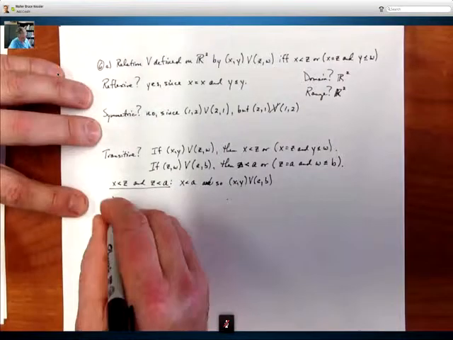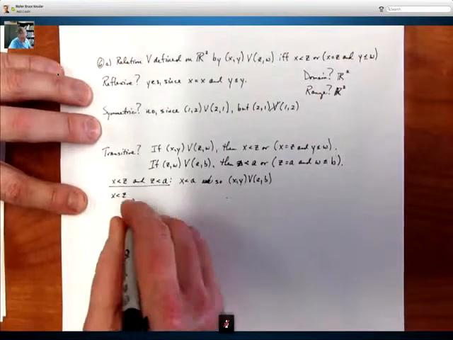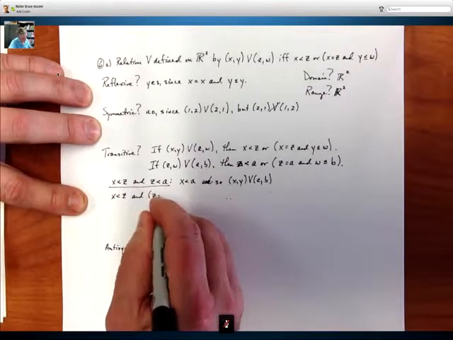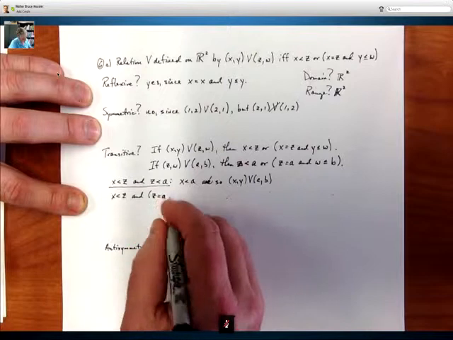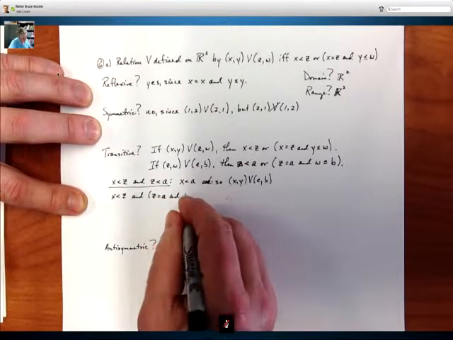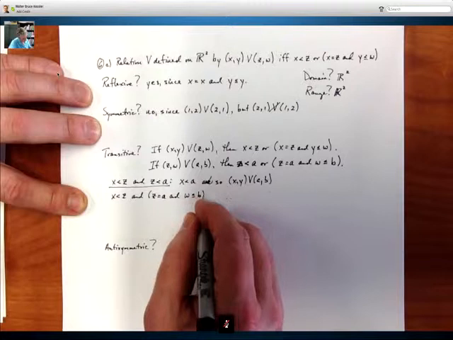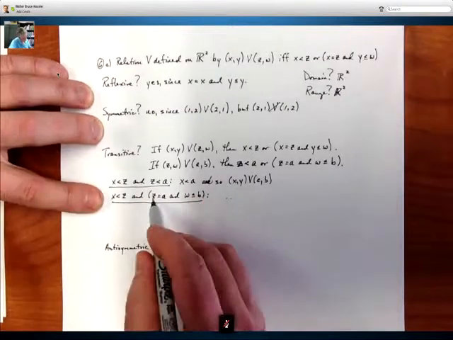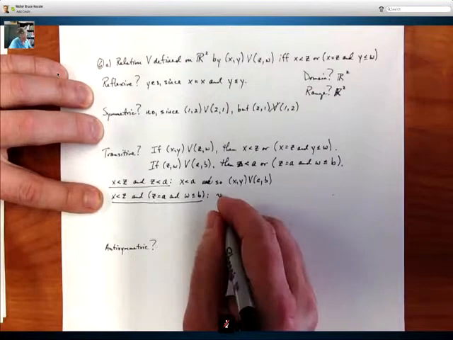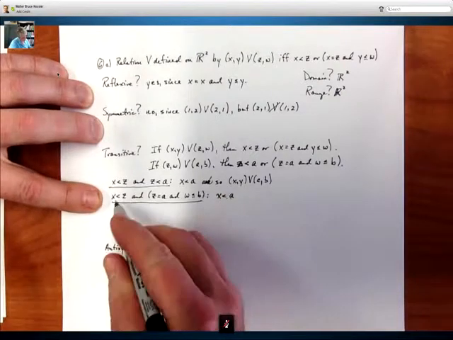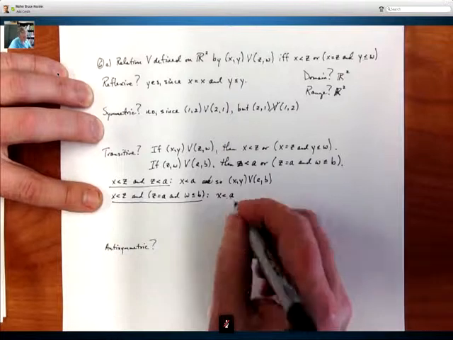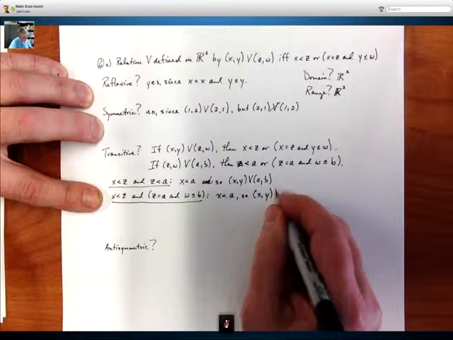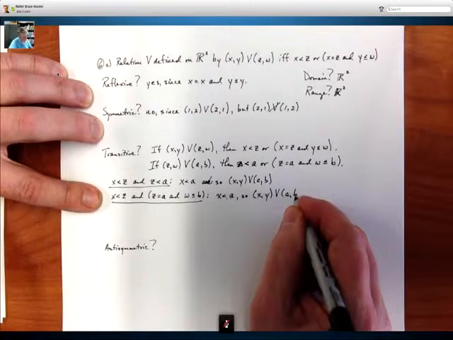Or maybe this happens and that happens. So x is less than z, and z equals a, and w is less than or equal to b. Well, in that case, if z is equal to a, then x is less than a, because x is less than z, and that's all I needed. That means then that xy is related to ab.